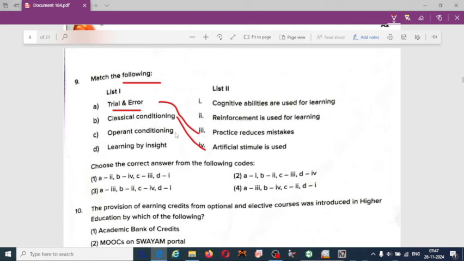Operant conditioning is 2, reinforcement is used for learning. Learning by insight is cognitive ability used for learning. So the fourth option, A3, B4, C2, D1, is correct.